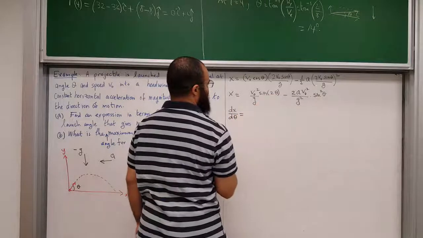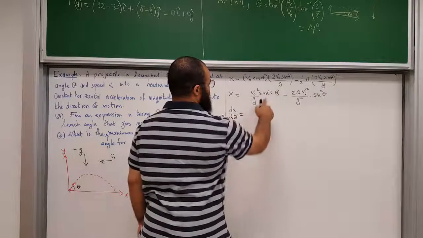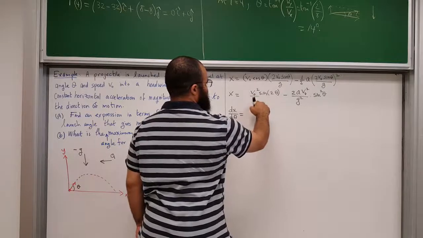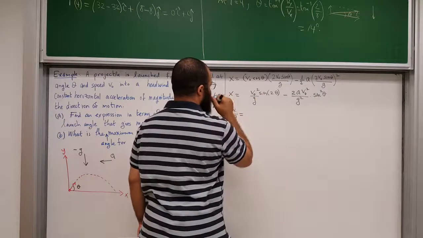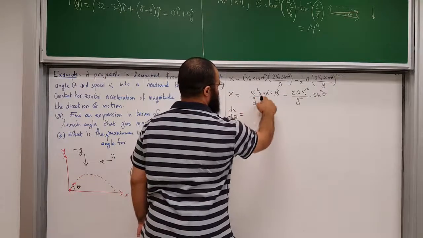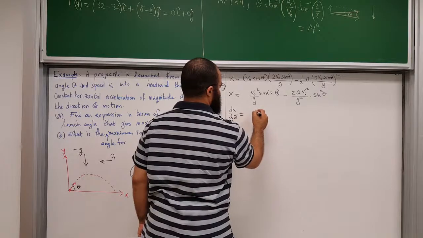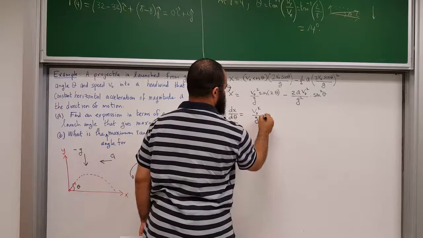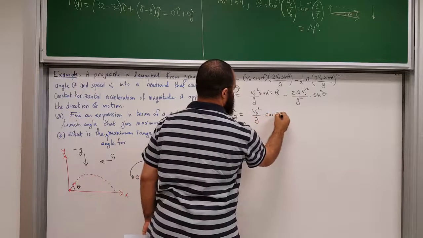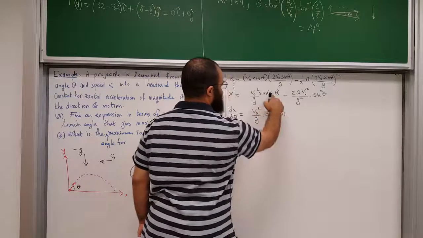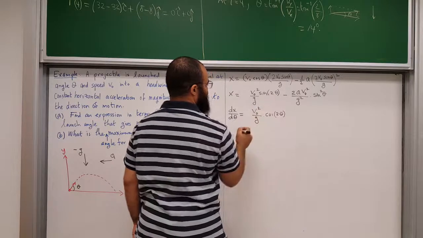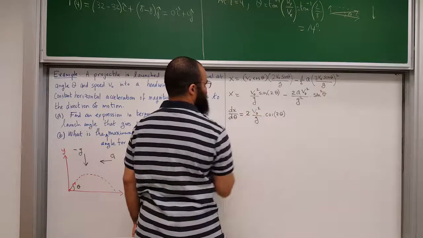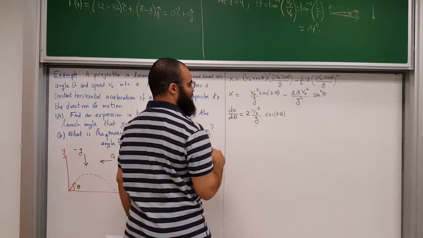Let's take the derivative here. V initial is constant and g is constant. The derivative of sine is cosine, so it will be v initial squared over g times the cosine of 2 theta, and then times the derivative of the inside. The derivative of 2 theta with respect to theta will just give me a 2, and that's it.